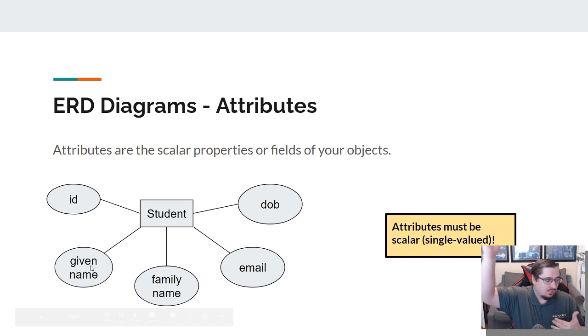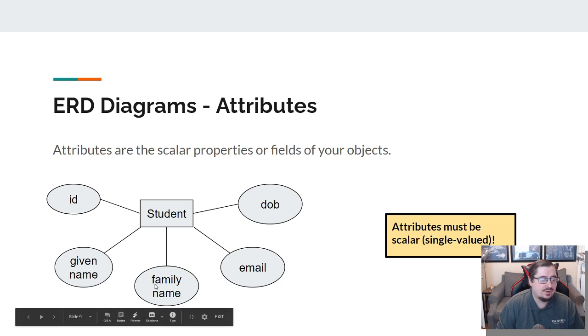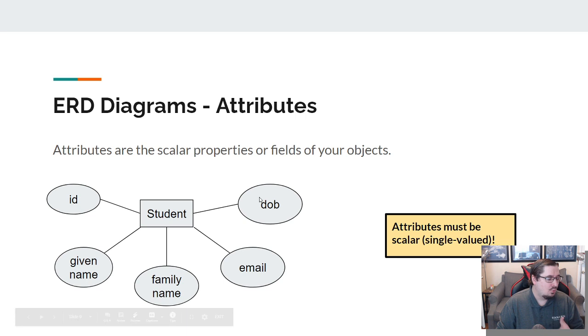There might be multiple Pauls in the database, so your given name might not be unique. Similarly with the family name, multiple people can have the same last name. So that knocks out those two. Same thing with date of birth. More than one person can be born on the same day.